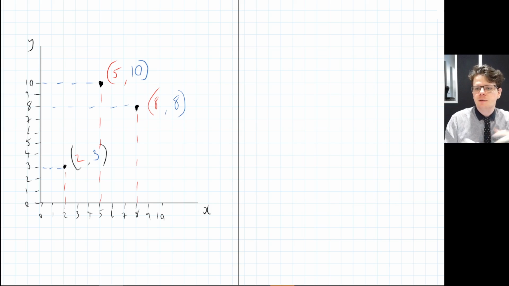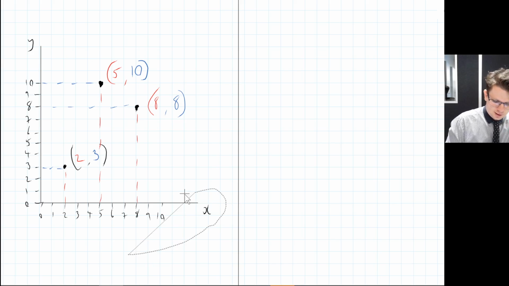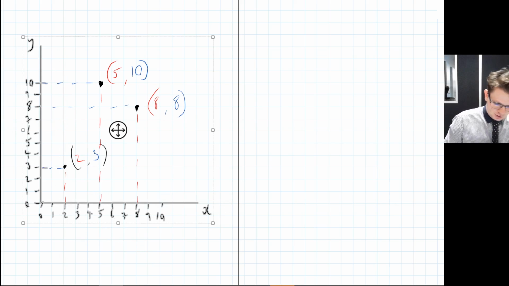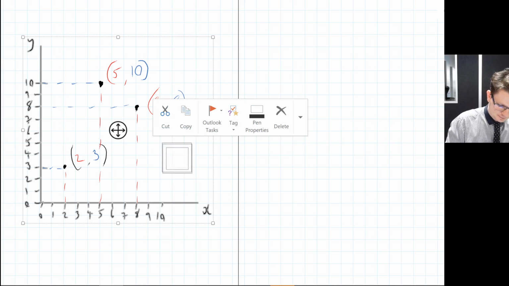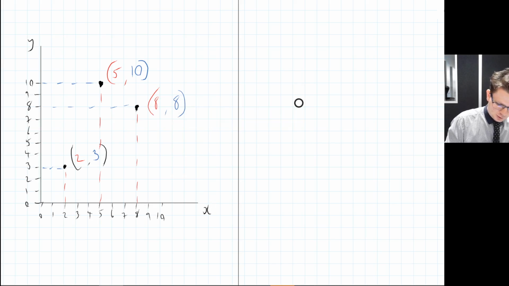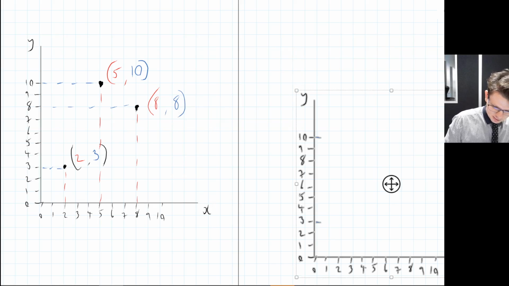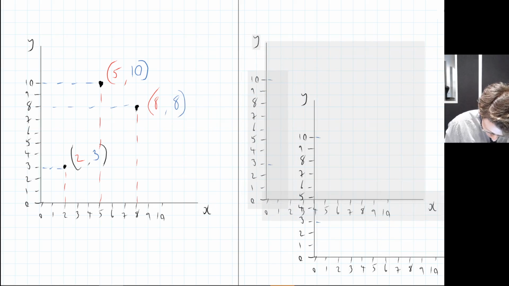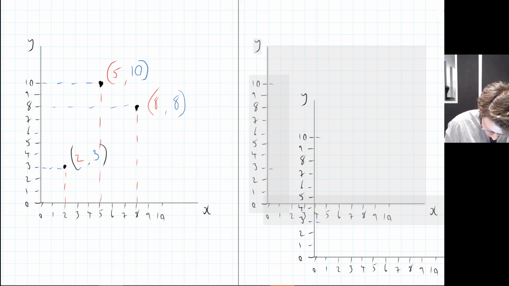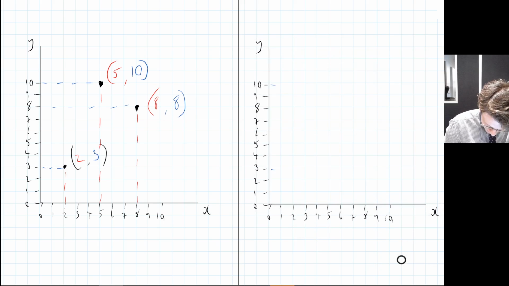Alrighty, so these are 3 points that we can see on there. Now, the other skill to this is not only being able to read them off, but also being able to work out what they would be. So, what do I mean by that? Give me a moment while I just be lazy. So I've duplicated my little thing here.